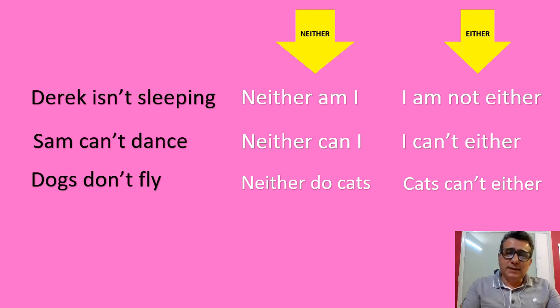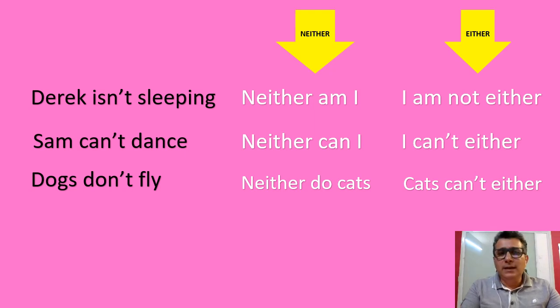Remember that, as I told you, neither can be substituted with nor. So in the first column, we can say nor am I, nor can I, nor do cats. And it is the same answer. All these expressions mean the same.